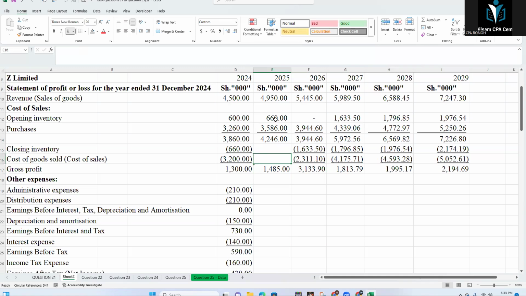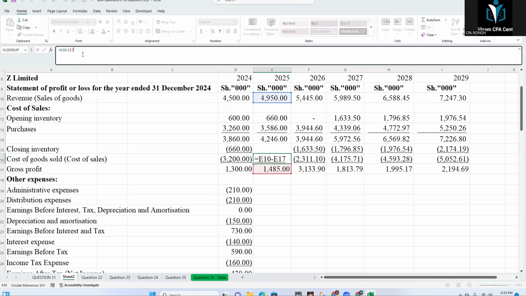For us to get the gross profit, this minus this, which we have here. So we can get this and then work backward. This minus this gives us the total cost of sales.